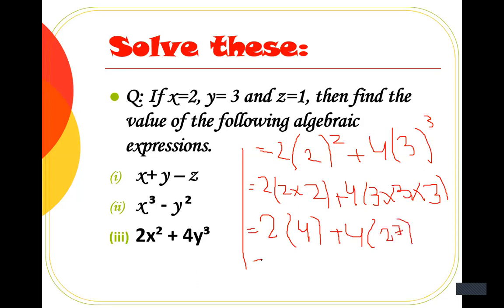Now 2 multiplied by 4 is 8, plus 4 multiplied by 27. 4 multiplied by 27 will become 108. And 108 plus 8 will become 116. So 116 is the right answer.